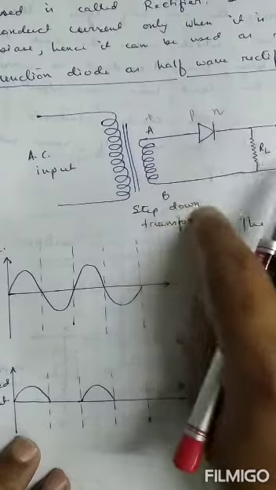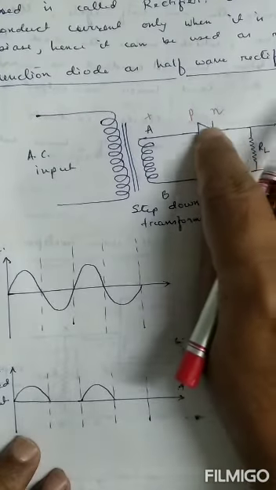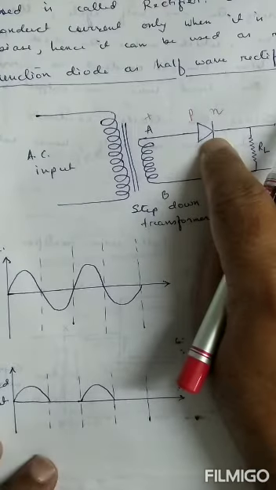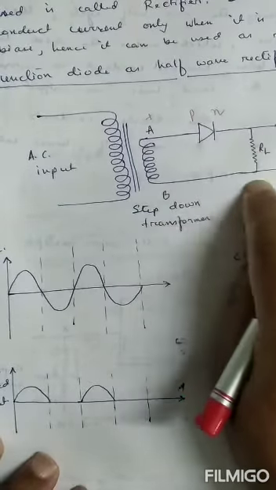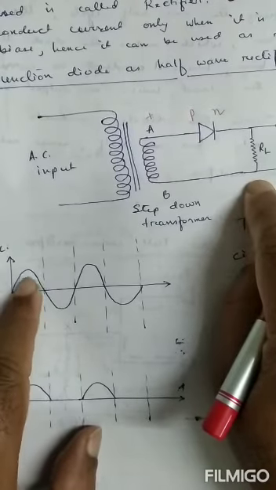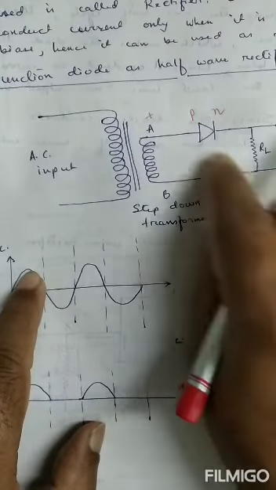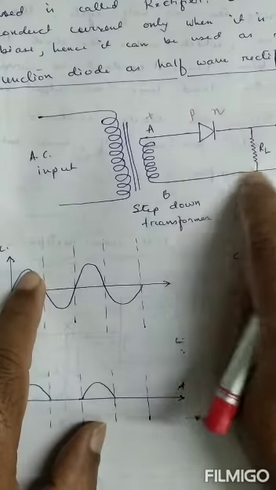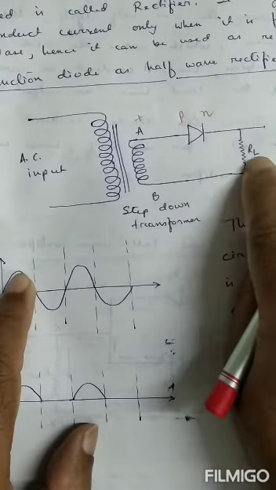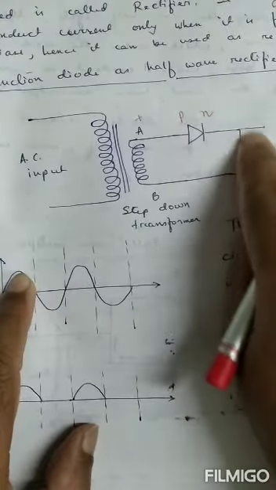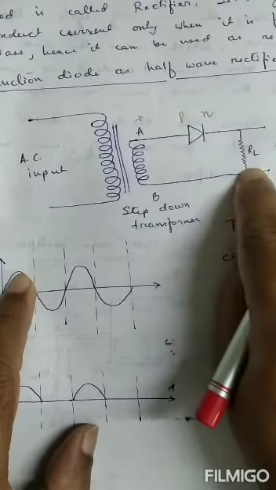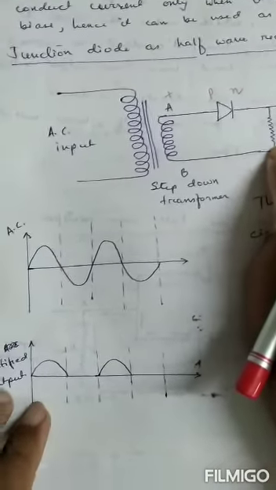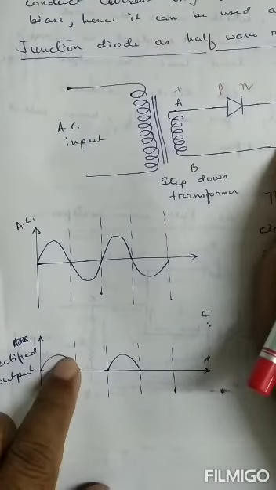P will get positive voltage, N will get negative. As a result, this diode is forward biased. Therefore, current flows through the circuit. As the input voltage increases, the current through the diode increases. Therefore, the voltage drop across the load resistance increases, so the output voltage increases.